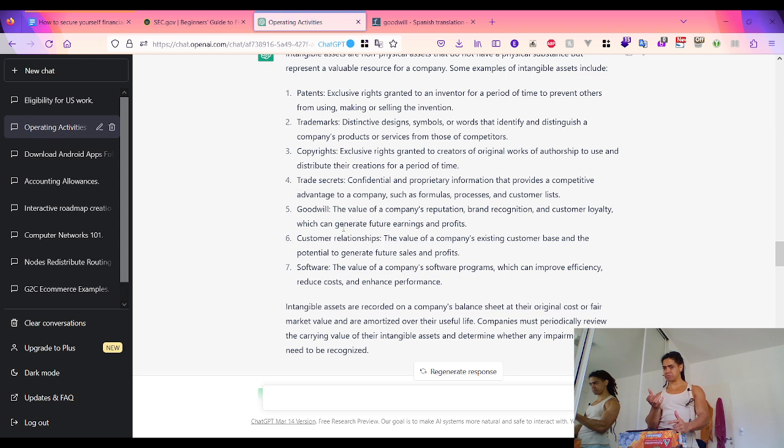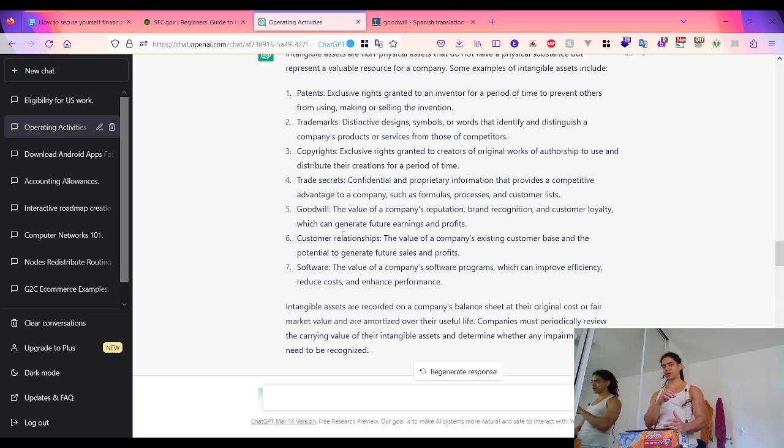Similar to the copyright, but the difference here is that it grants exclusive right to creators of original work. Trademarks are symbols, designs, or words that distinguish the company from the competition.